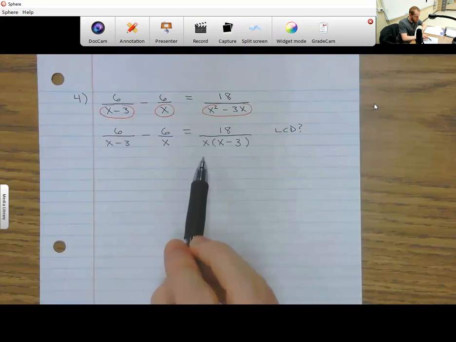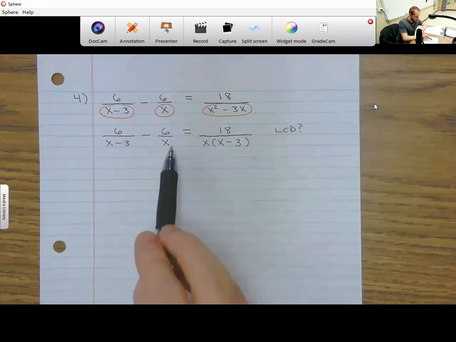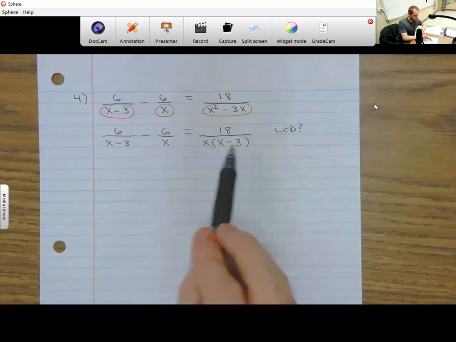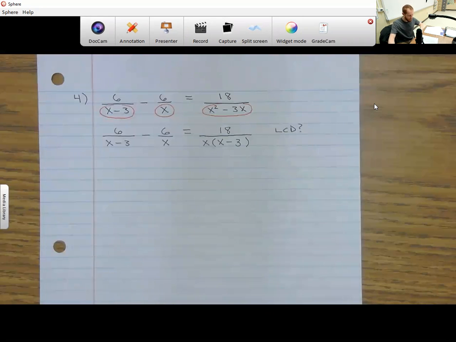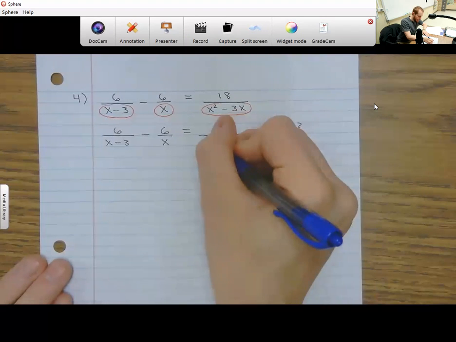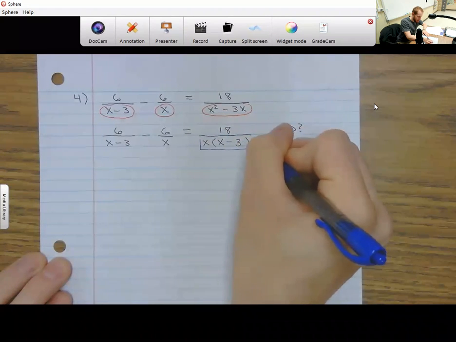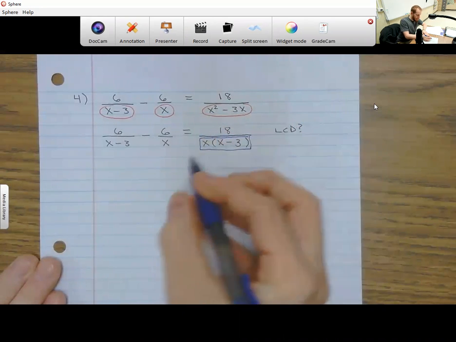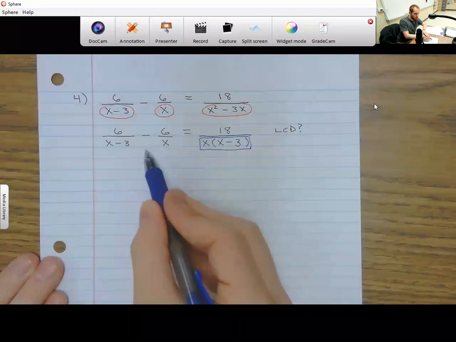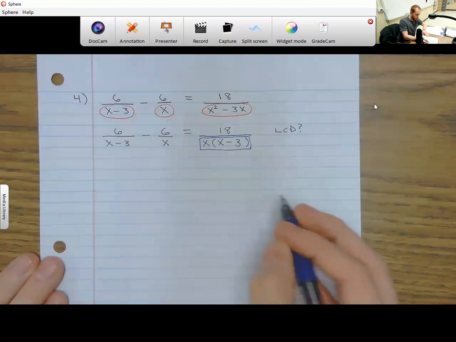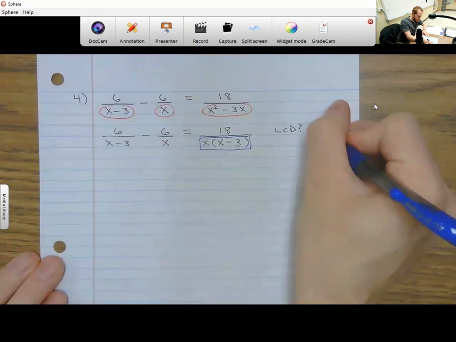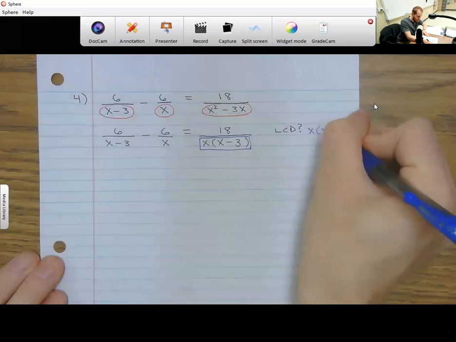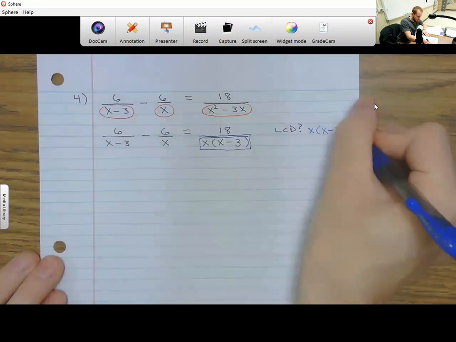So what I could do is change all the denominators to this, right? In that case, this would be my lowest common denominator. And both of these would have to change to conform to this. So my LCD is going to be x times x minus 3.